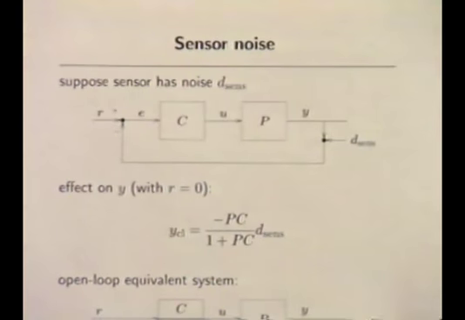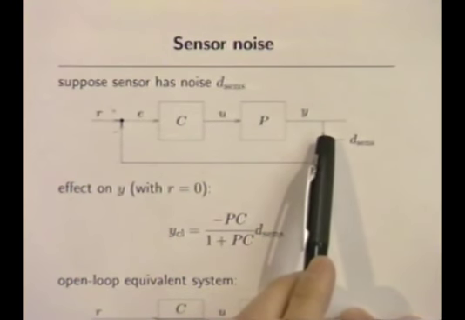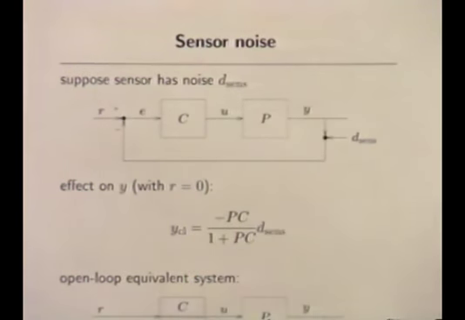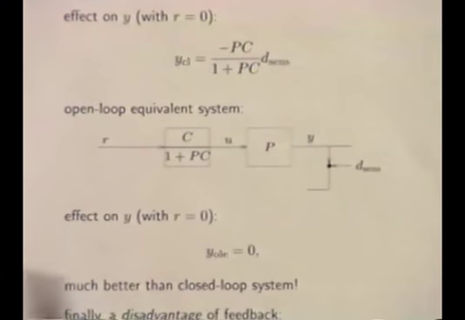The reason is pretty obvious. Here, any error injected here, it goes through, and it will definitely have an effect on Y. It might have a large effect, small effect, we don't know, but it's going to have one. Whereas in an open loop system, of course, you don't have that. So this is pretty obvious if you have a temperature controller. Here's a classic example. You have a temperature controller, and you have a thermocouple or something that measures the temperature, and the thermocouple gets confused or wrong.